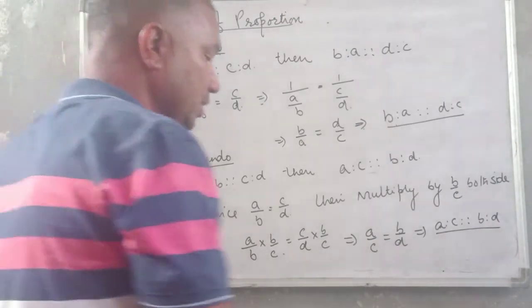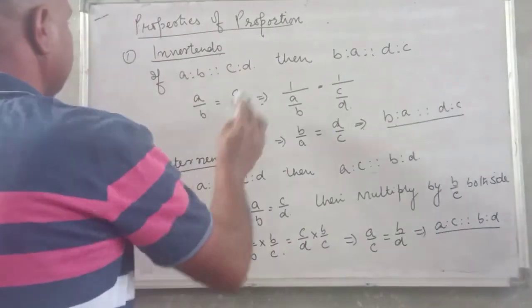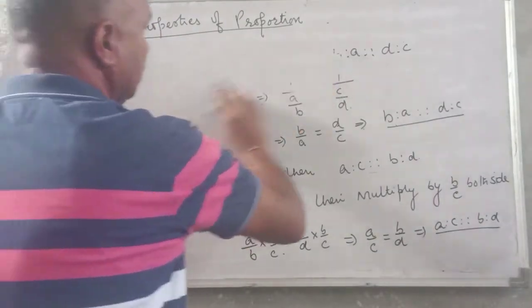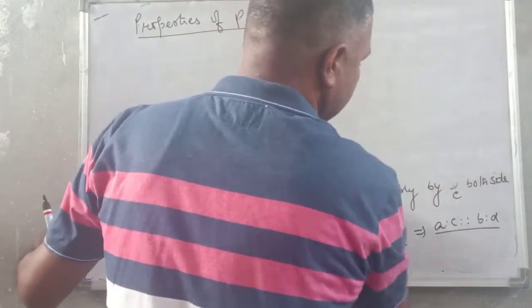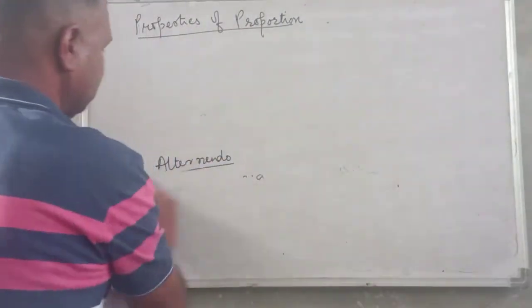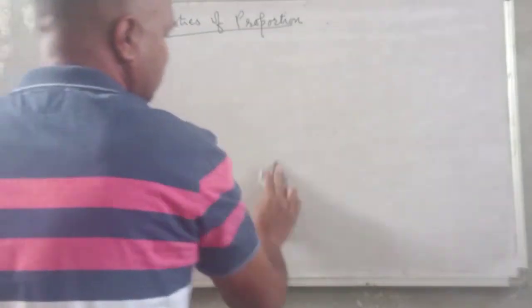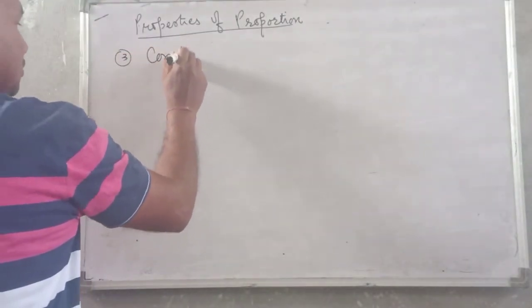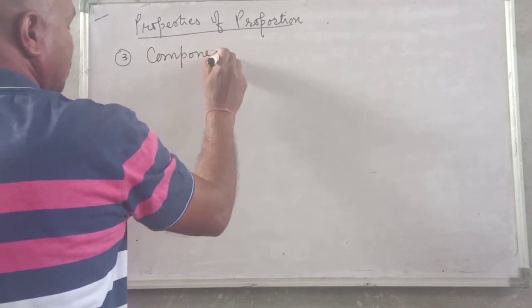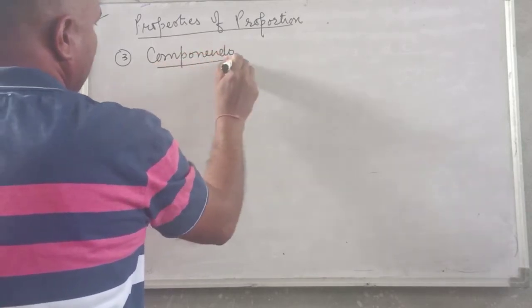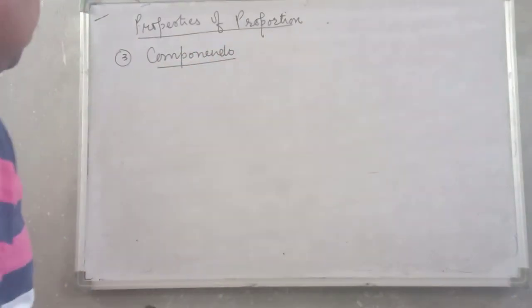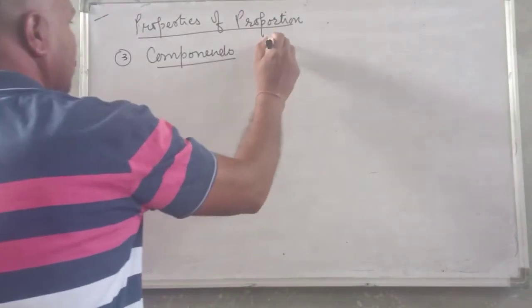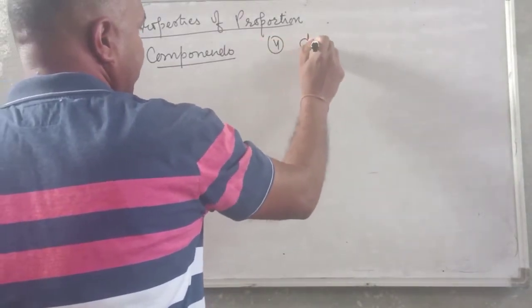Now third property, componendo, and fourth property, dividendo.